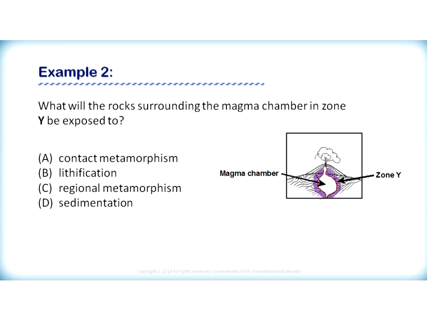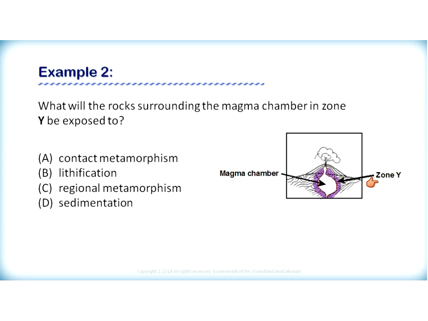Example number 2. What will the rock surrounding the magma chamber in zone Y be exposed to? If we look at the diagram to the right, we have a magma chamber surrounded by a purple area, and this purple area is denoted as zone Y. Surrounding the magma chamber, we have rocks that are exposed to extreme heat.